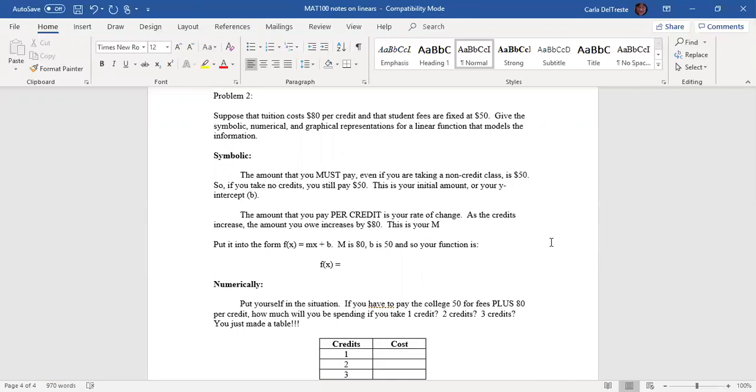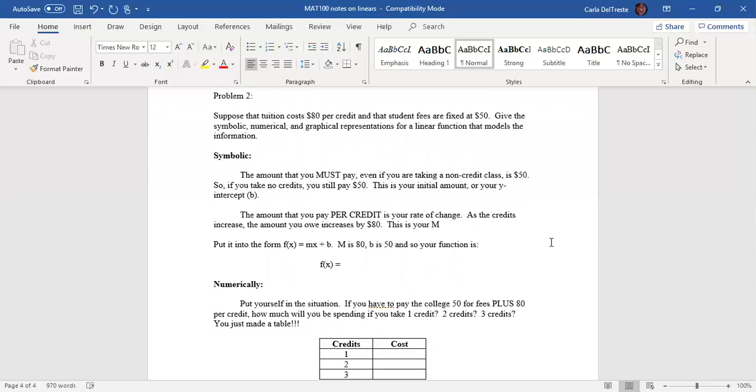The amount that I pay per credit, that $80 per credit, that changes the cost because that depends on how many credits I decide to take. So that's going to be my rate of change because that amount is going to change how much I have to pay the college.